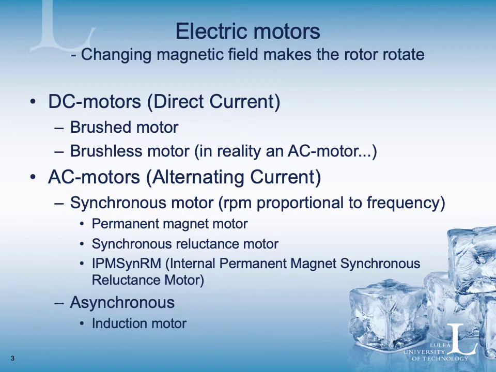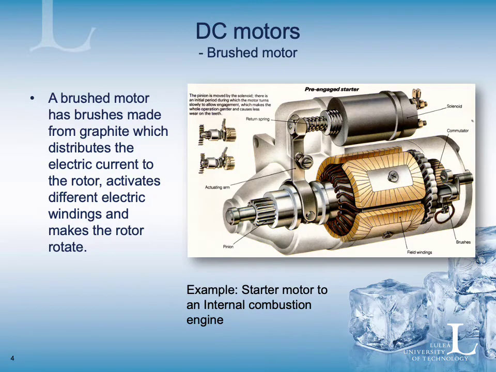But if we go back to the DC motor and start to look at that first. Here we have a DC motor with brushes. A brushed motor has brushes made from graphite, which distribute the electric current to the rotor, activate different electric windings, and make the rotor rotate. In this case, the stator also has windings.